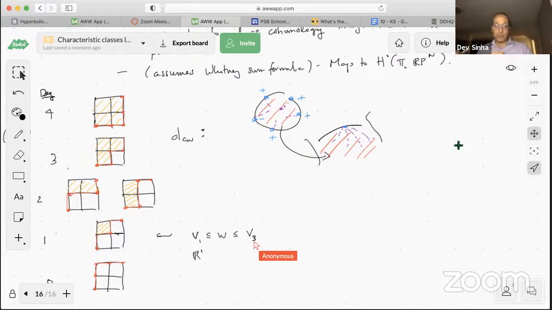They contain V_1, and then they contain some other line through the origin, and thinking about that line in V_3 mod V_1 gives me a copy of RP^1. So this is a 1-cell. And what are these two cells? One corresponds to, well, it's pretty similar. If I go to the left, let's see.